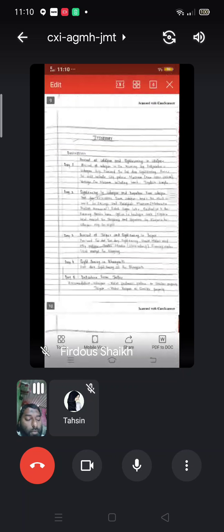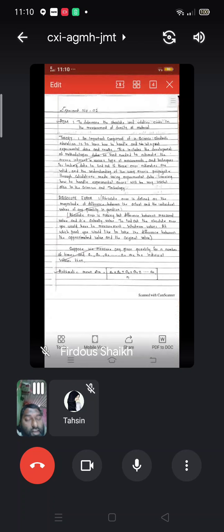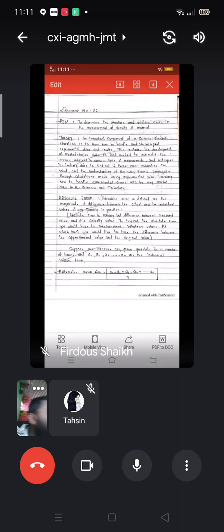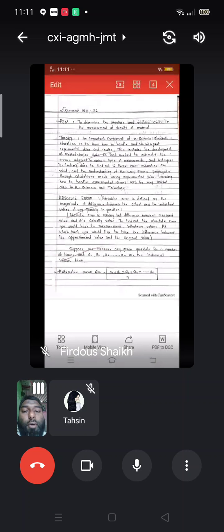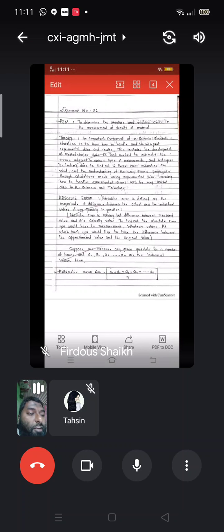Today we will see experiment number 1. We have to measure the relative and absolute error in the density. As we know, an important component of the science student's education is to learn how to handle and interpret experimental data and results.